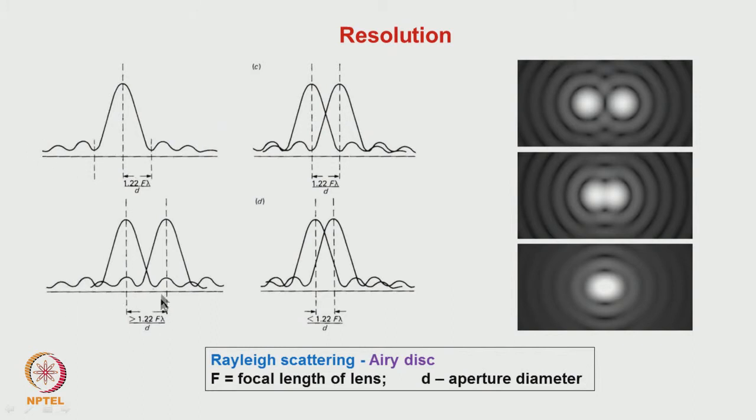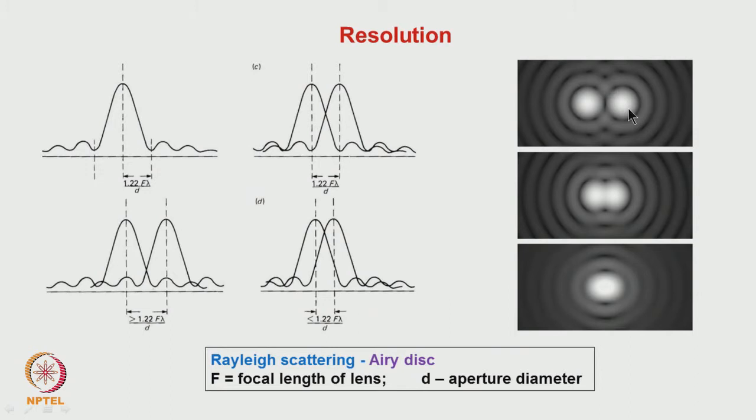When the separation between them is very large, both sources give rise to individual images, and we can resolve them very clearly. At some particular distance, where the minimum of one matches with the maximum of the other, they are just resolved, and beyond that our eye will not be able to resolve them.